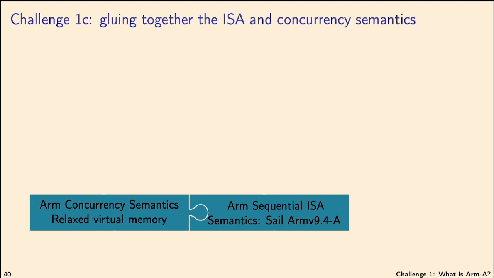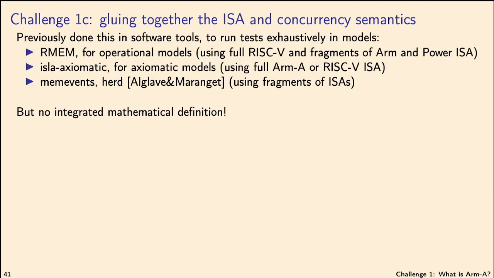Oh, if only. So we have previously glued these things together in software tools, right? All these different tools by us and by Jad and Luke have glued together some version of some relaxed concurrency model with some version of some instruction semantics model. And over the years, these have become more elaborate and more full.